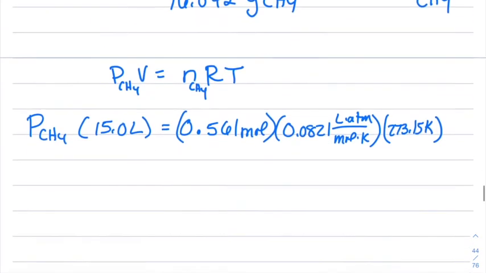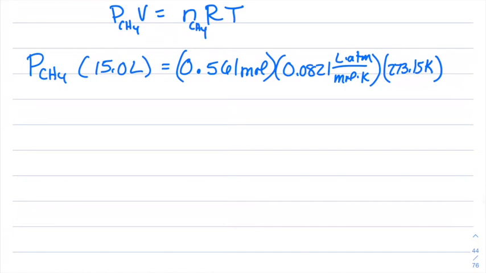Any questions on how I set that one up? So we're looking for the pressure of CH4. Go ahead and calculate that out and put that in the chat box.